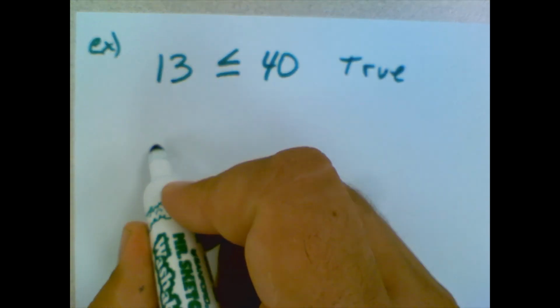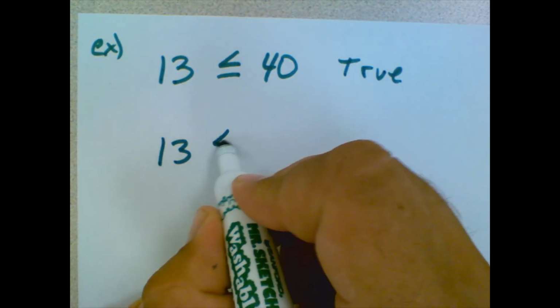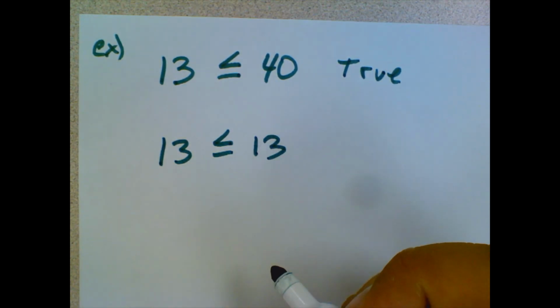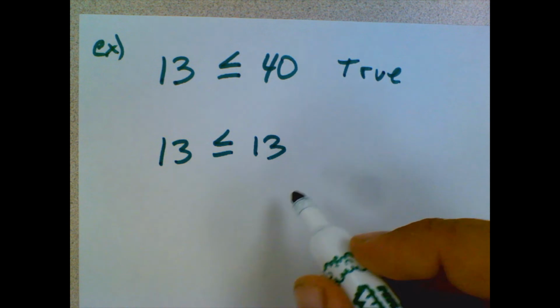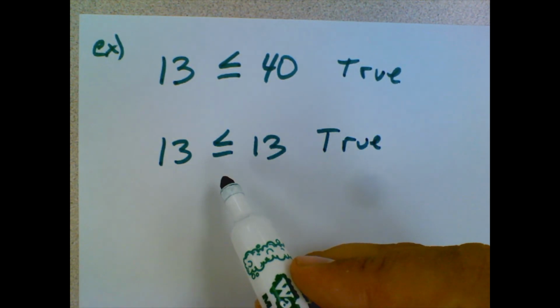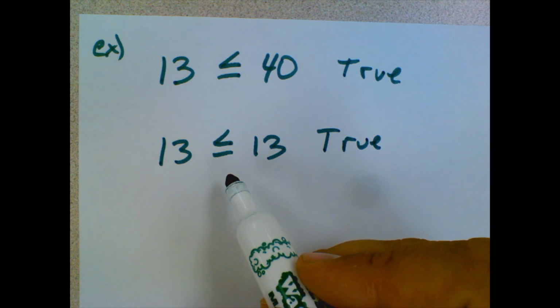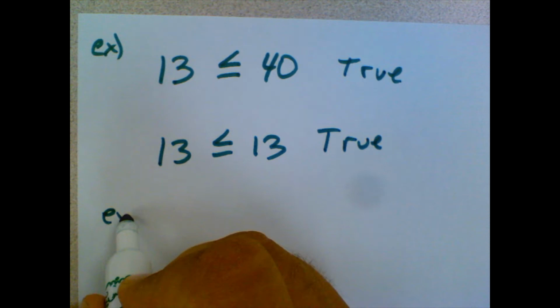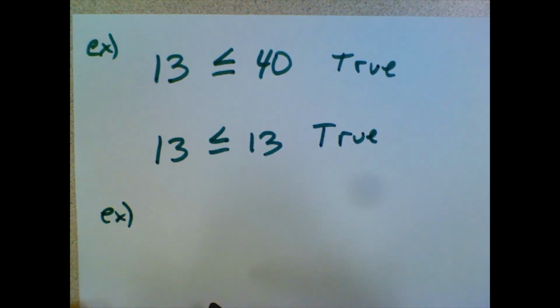Okay. What if I said, is 13 less than or equal to 13? Well, we all know 13 is not less than itself. However, it is equal to. So this is still true because we can now look at it as equal or less than. It can cover both cases. See if you can do this one on your own. Let's try.